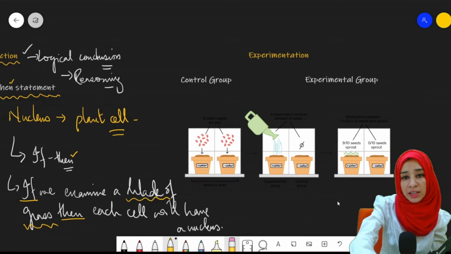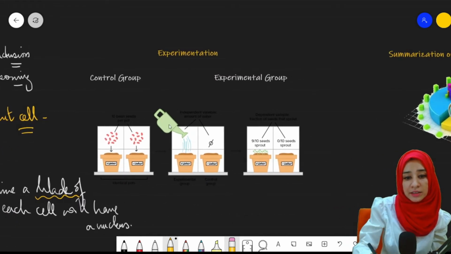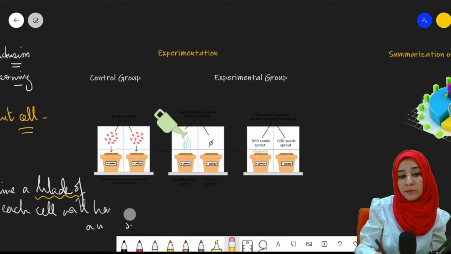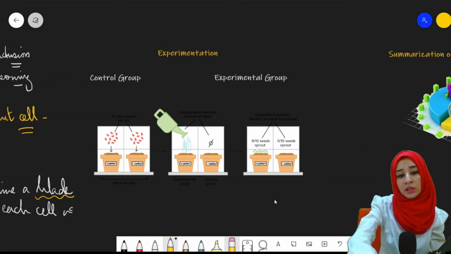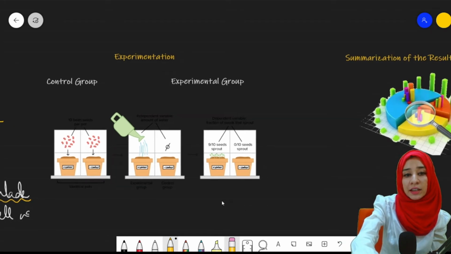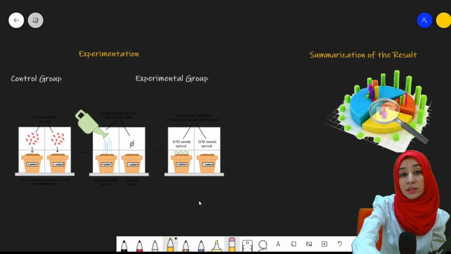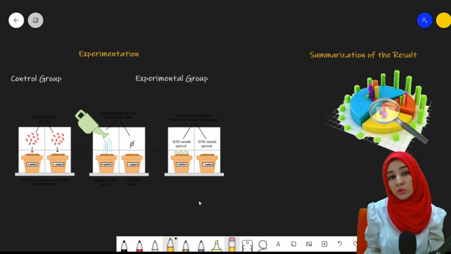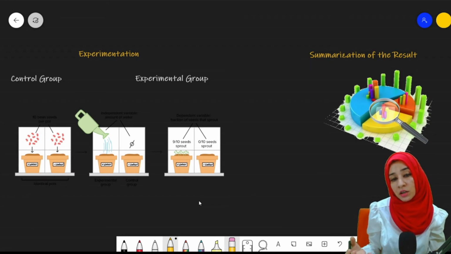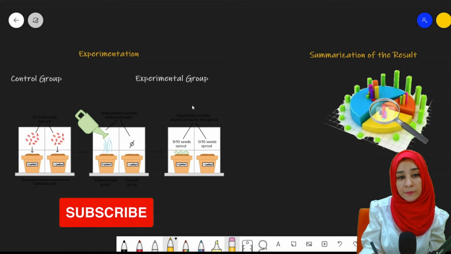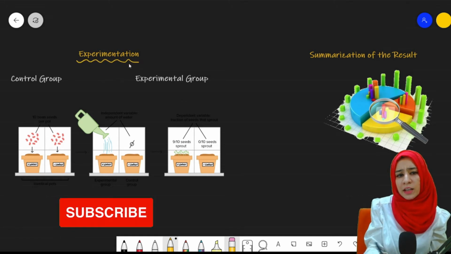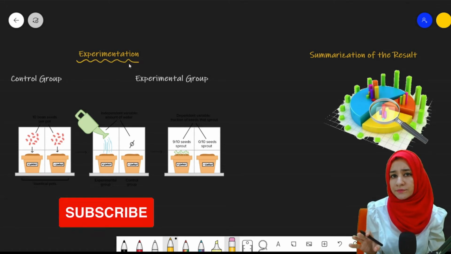This brings us to the next step, that is experimentation. The experimentation is going to prove the hypothesis correct or false. On the basis of this, rigorous experimentation is done.